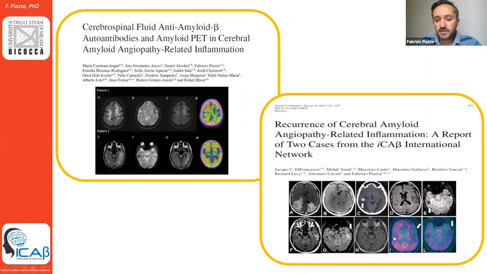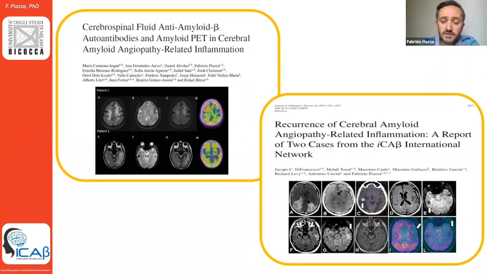And here in another patient, we were able to see the same, even if I would say not markedly evident, but there was a reduction of the uptake of the PIB tracer. And this PET scan was administered 4 or 5 months after the acute presentation of CAA-ri.